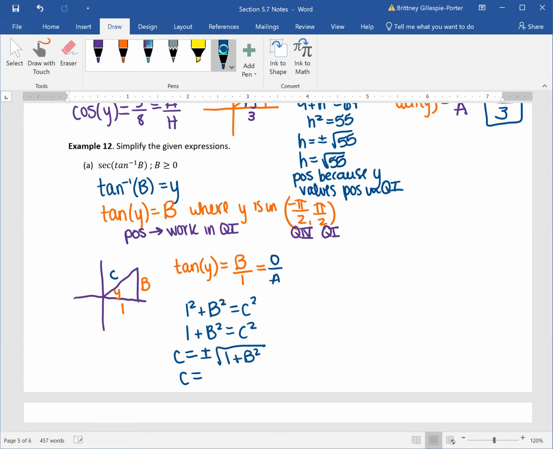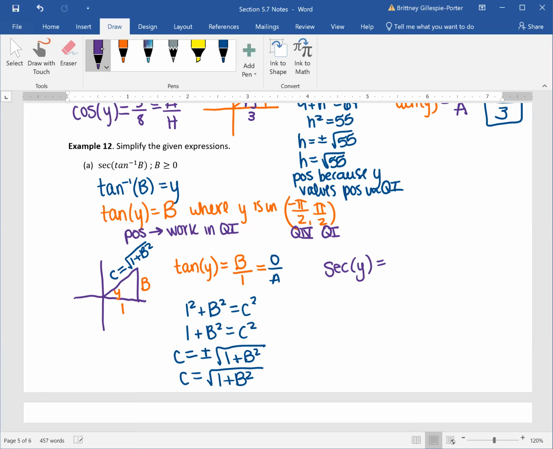Because c is our hypotenuse, we're going to want the positive square root. So I'm going to go ahead and label it the square root of 1 plus b squared. And now that we have our triangle labeled, we can find the secant of y.